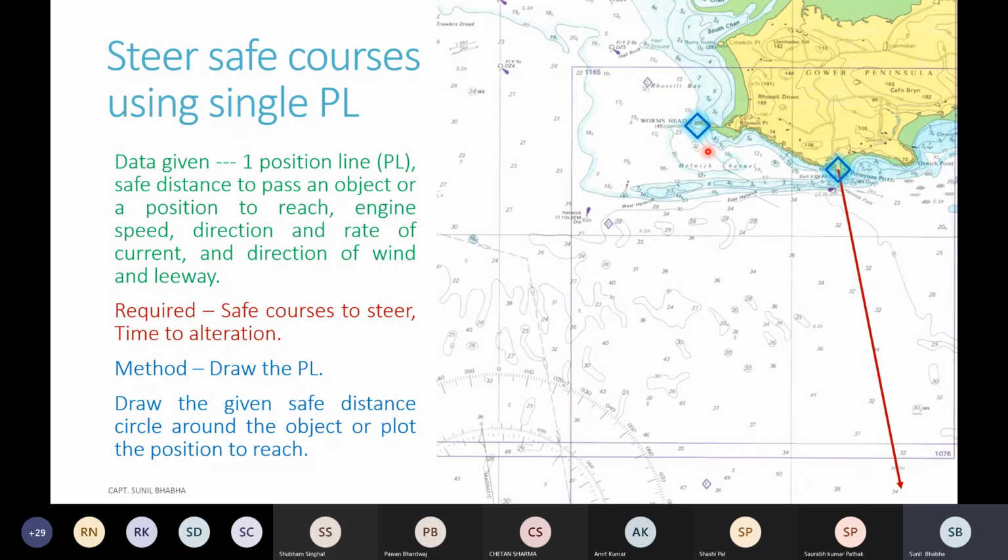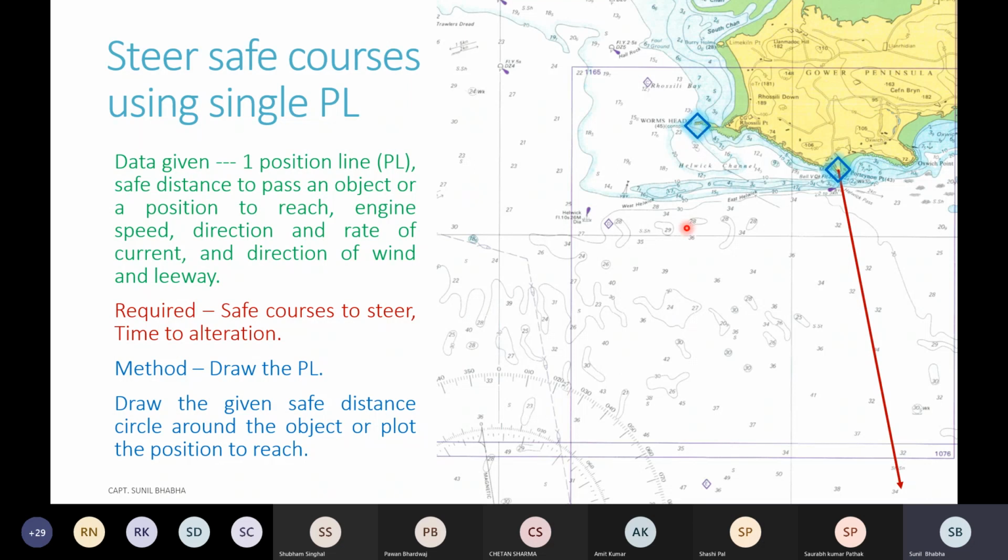So in the second step now, we will draw the given safe distance circle around this object. Keeping our compass on this object, which is the Worm's Head, and opening up the compass equal to the safe distance which is given to us, the safe distance which we need to maintain from this particular object, we will be drawing a circle.